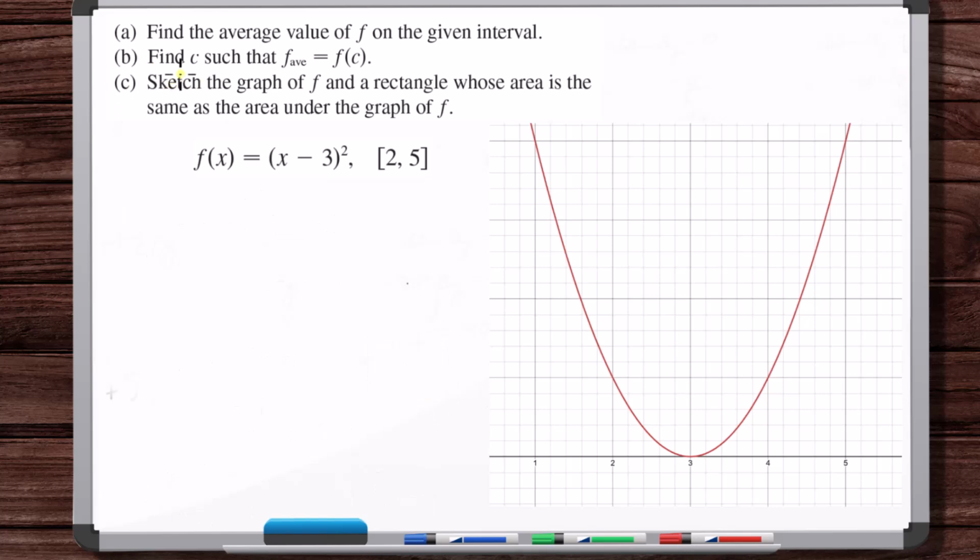All right, find c such that f average is equal to f of c. So the whole idea for the mean value theorem is that you've got this f of c is equal to the f average, which we know is the integral of f from a to b divided by b minus a.